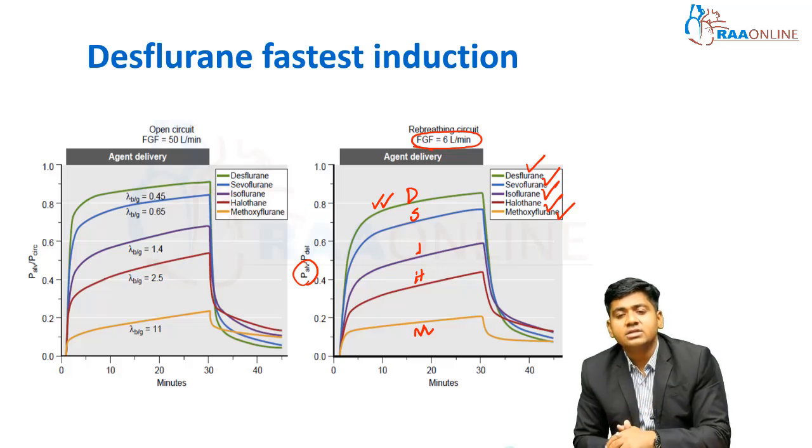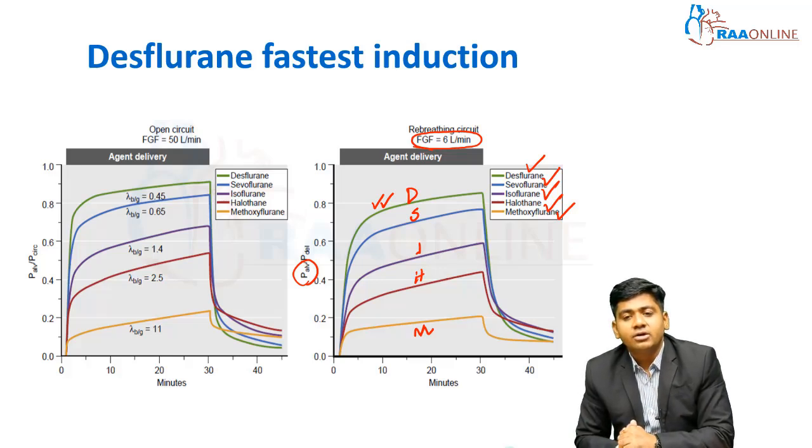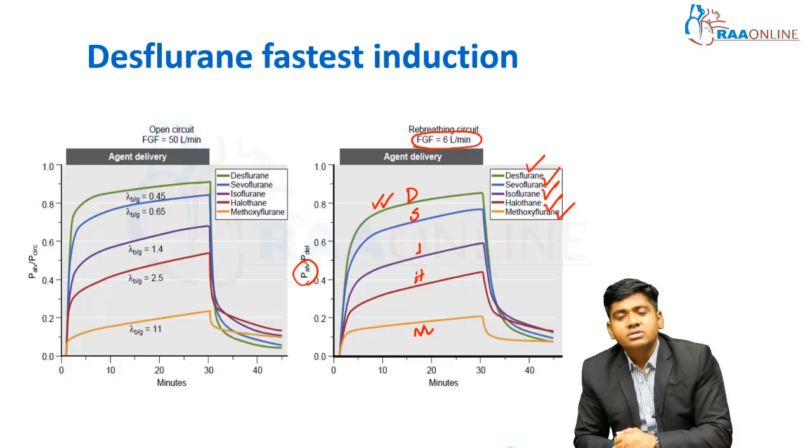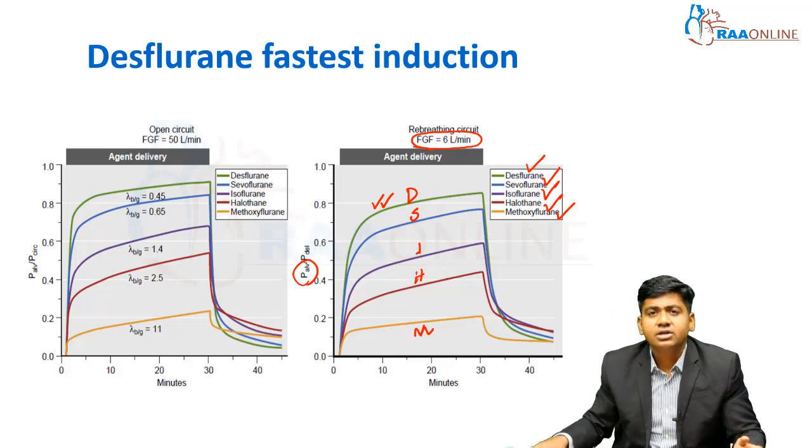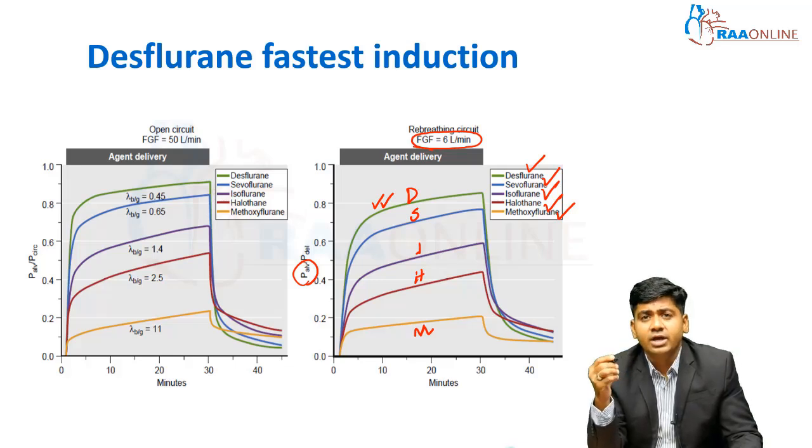The second drug is sevoflurane, and we have already said we go for sevoflurane rather than desflurane, because sevoflurane has a lower MAC, is more potent, and is very much acceptable to the airway. In the next list, isoflurane, halothane and methoxyflurane, we hardly use halothane nowadays, and because we have sevo, we will not use isoflurane as an induction agent, because they are all very irritant to the airway.